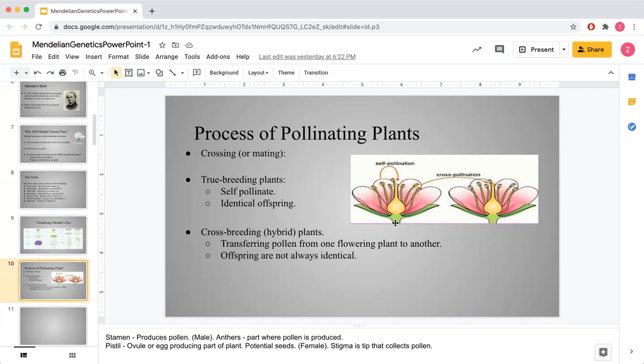And this vase-looking thing in the center of the plant is called the pistil. That's the female part of the plant. And at the very top, the stigma accepts the pollen. So now let's go back and examine that. What's the male part of the plant? What's the female part of the plant?